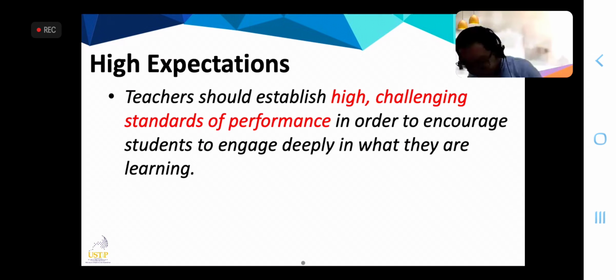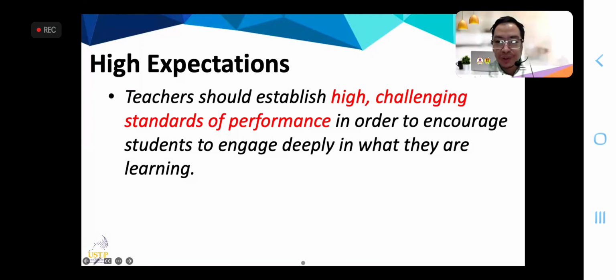Question: if we have very high standards, would this mean that students would be less motivated to learn because it is difficult? Do you agree with that statement? Students will be least motivated because the standard is very high. Can I get a yes or no in the chat box if you can type?